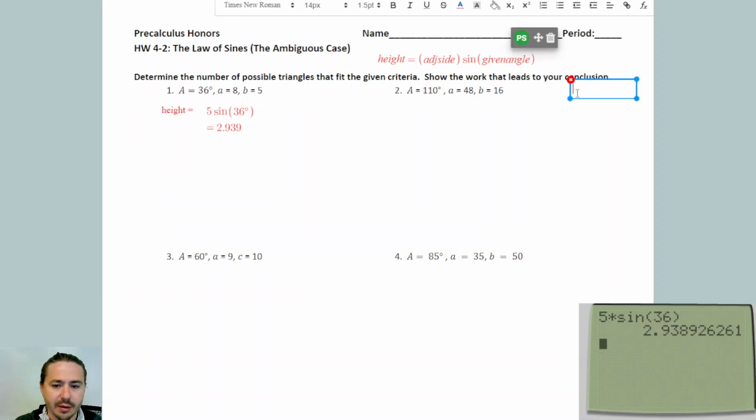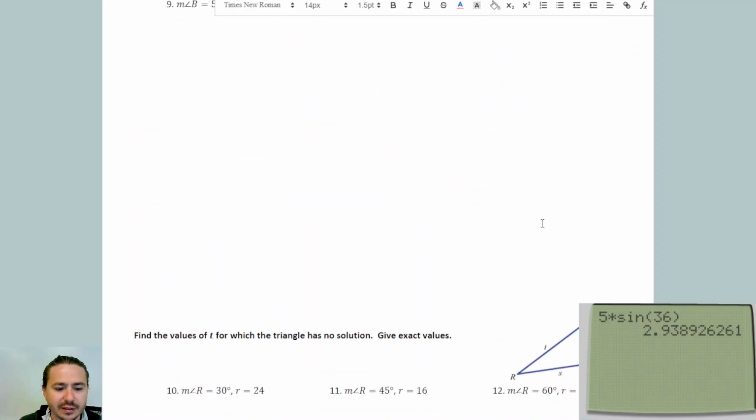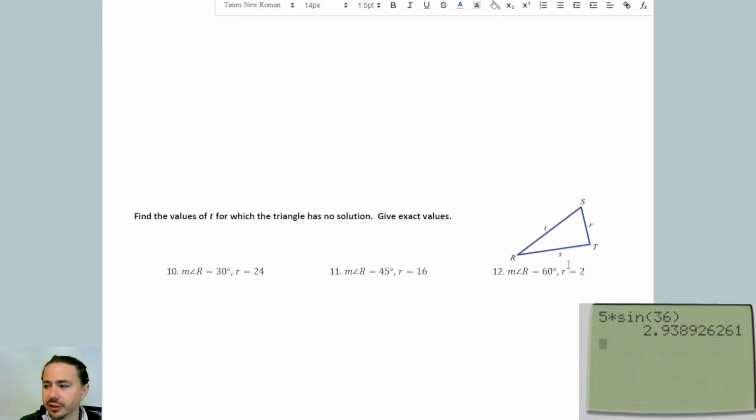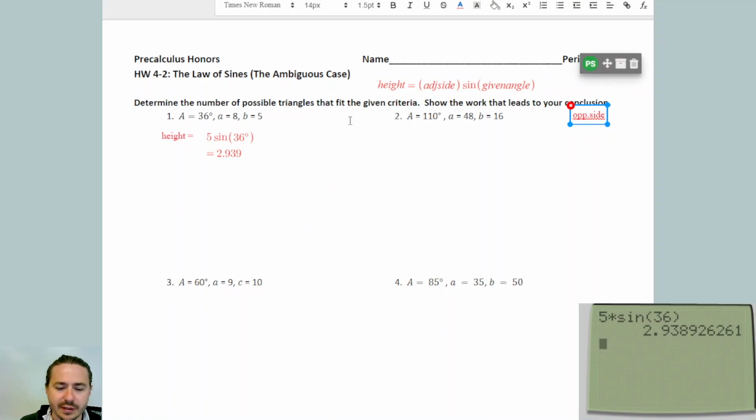If A equals the height, or I'll say the opposite side, because it's not always going to be A. We could have different letters. So we'll say the opposite side, which if the angle's A, the side would be A. If that is equal to the height, then we have one triangle.